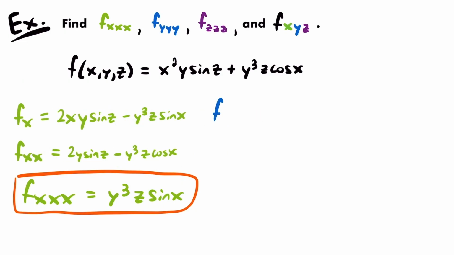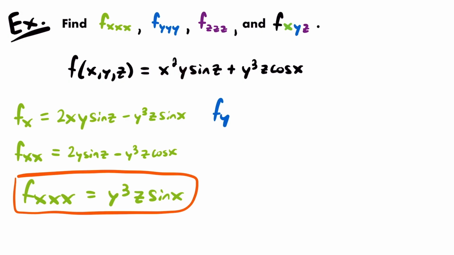So we have to begin by finding f_y, the first partial derivative with respect to y of this function. So looking at the first term here, we have y to the first power, and everything else is in terms of the other independent variables. So those parts are just constants. Just take the derivative of y to the first power, which would be equal to its coefficient, or any constants multiplied by it.